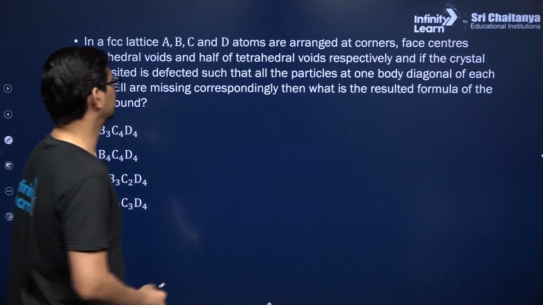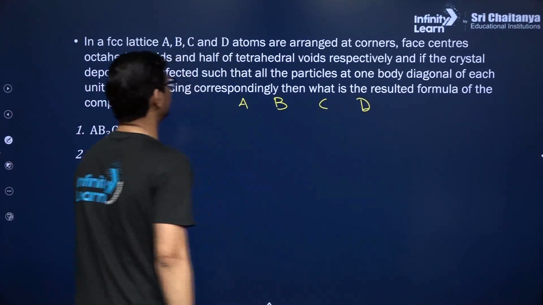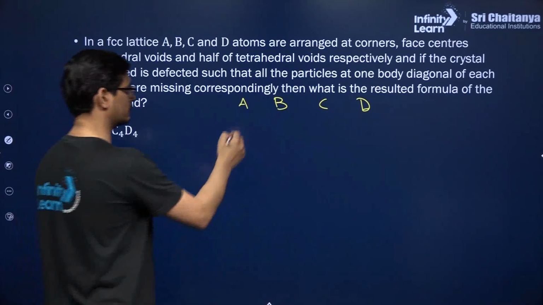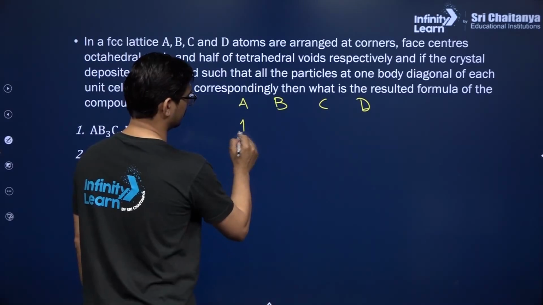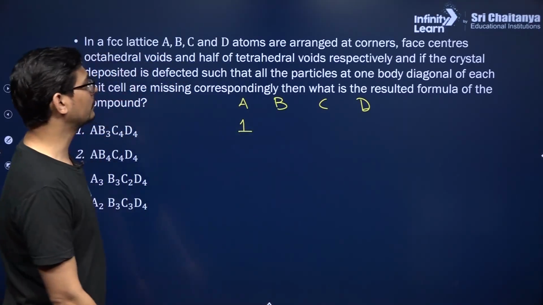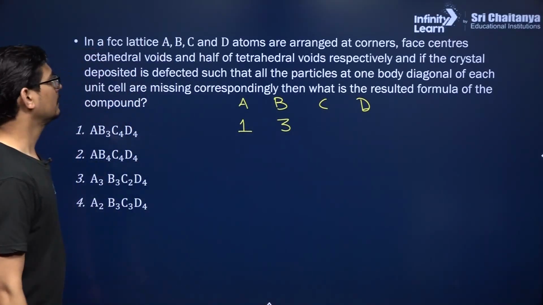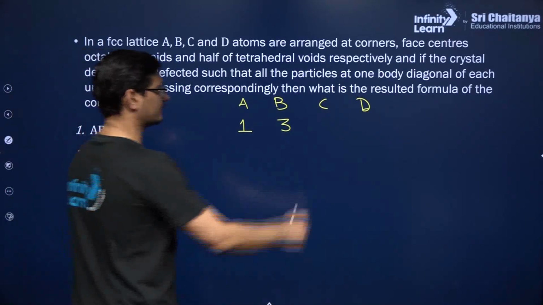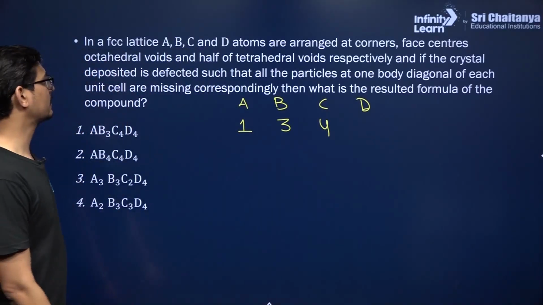In an FCC lattice, there are 4 types of particles A, B, C, D. A occupies corners, so this is 8 into 1 by 8, which is 1. B occupies face centers, so that is 3. C occupies octahedral voids, there are 4 of them, and D occupies half of the tetrahedral voids.